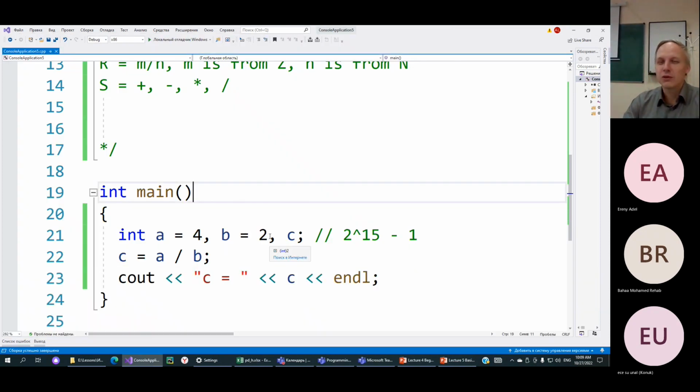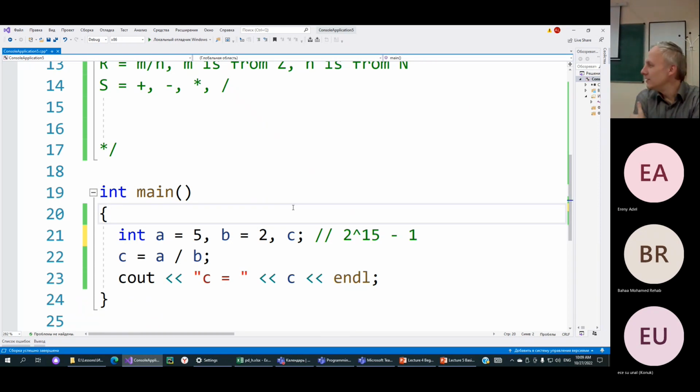Okay, but what happens if I change, for example, A to 5? What will be the result? 5 over 2. And we will execute it.